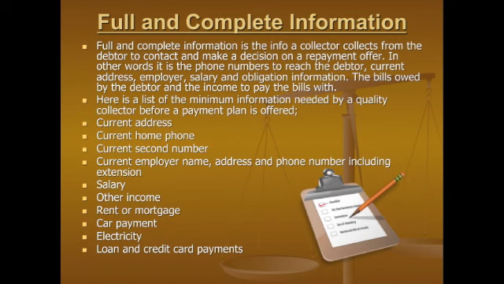We're talking about everything that is involved in this debtor's cash flow. We're talking about his rent payment, his car payment, his electricity, any other income that he may have. These are the things that we want to get from the debtor in regards to full and complete information.